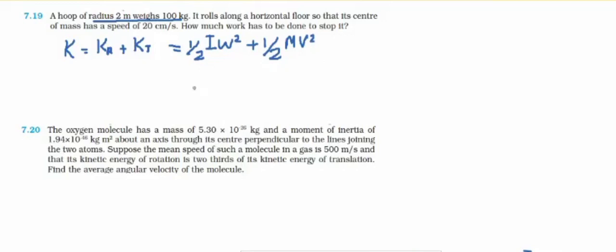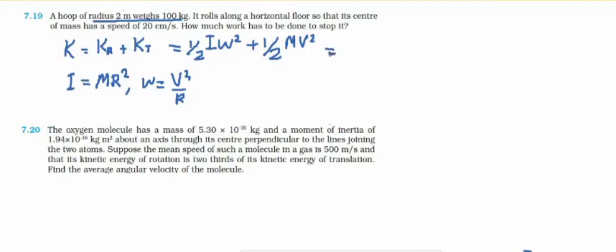Now, for a hoop, meaning hollow cylinder, moment of inertia is mr square, and we have the formula omega is equal to v by r. So substitute these two quantities in the total kinetic energy formula.